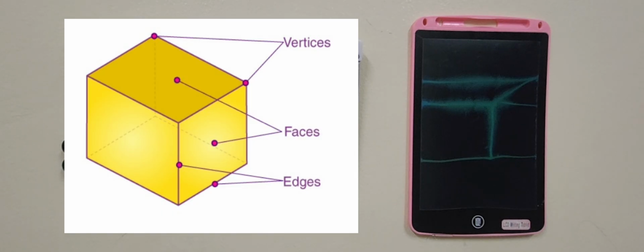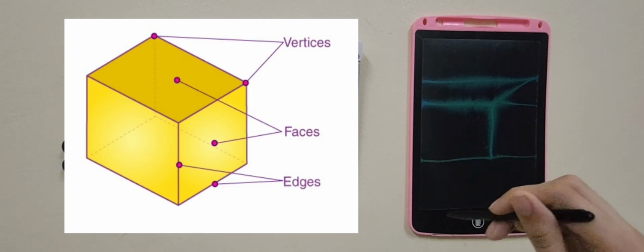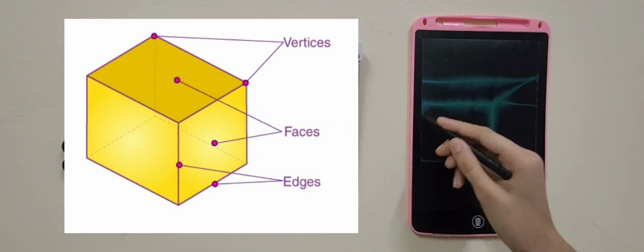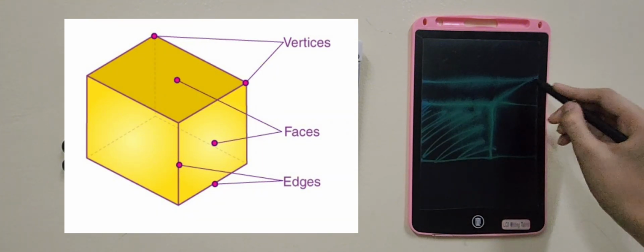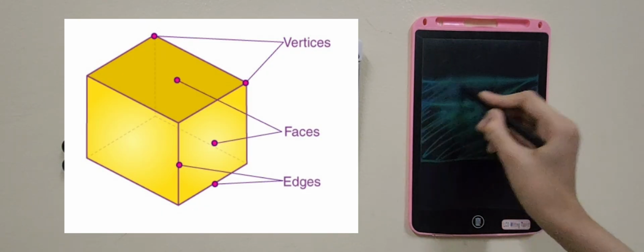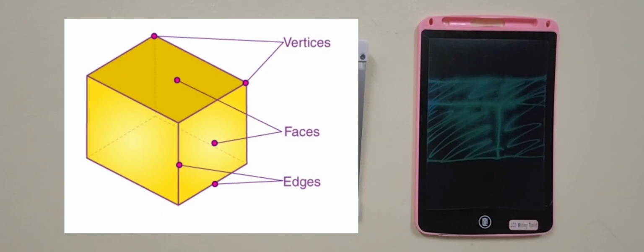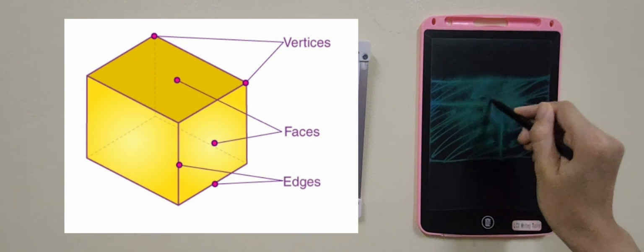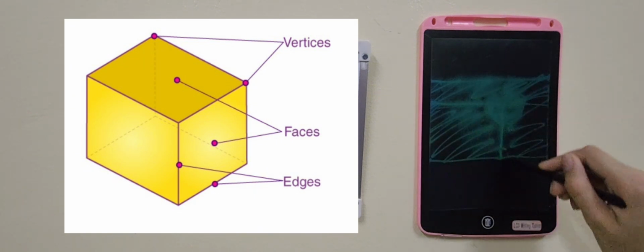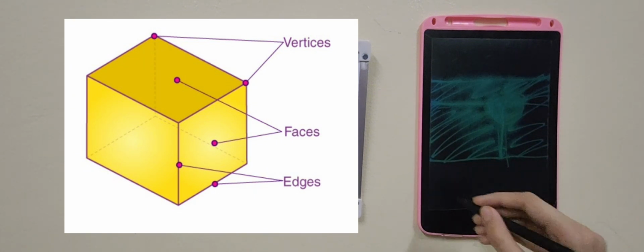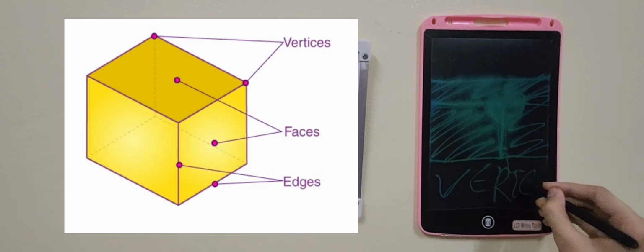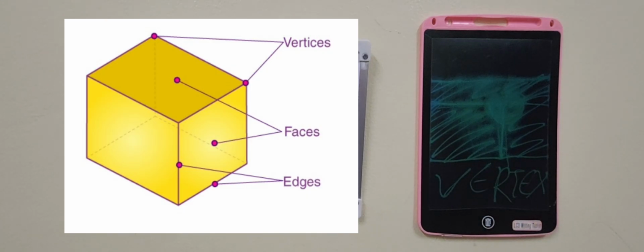It does have a big difference between the shapes. Here we are looking at its vertexes. We have face 1, face 2, and face 3. The middle, the part that is joining all these 3 faces together, is its vertex. So that is it for vertex for a cube.